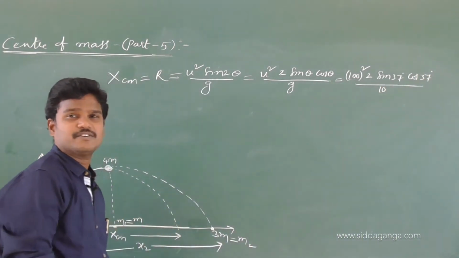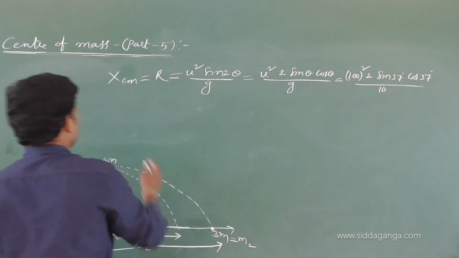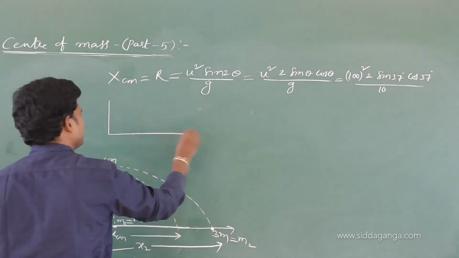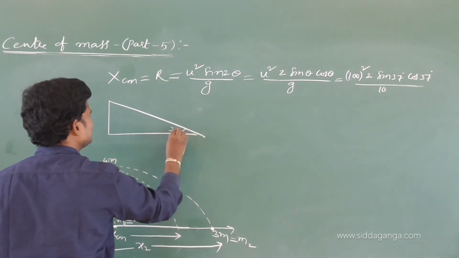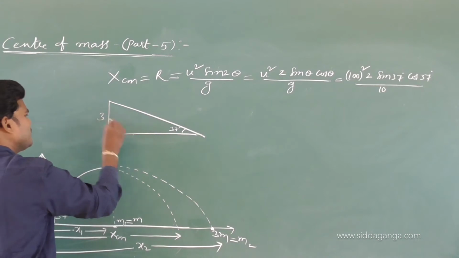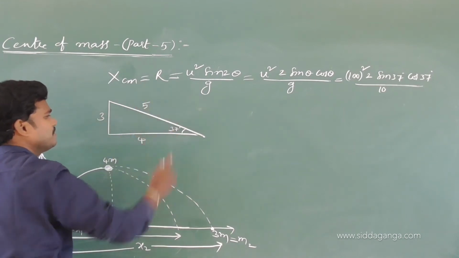Recall the 37 triangle. Use this 3, 4, 5 triangle to get the values.